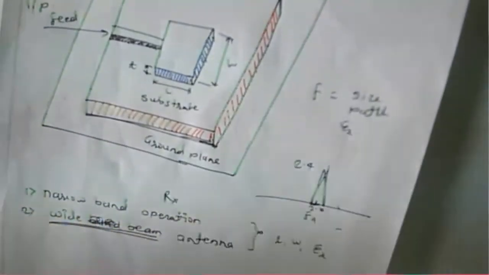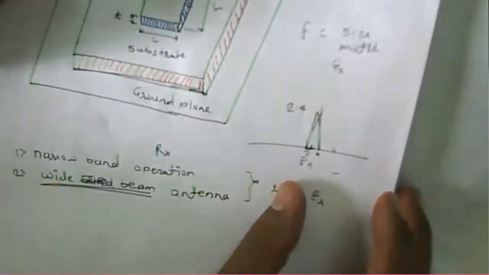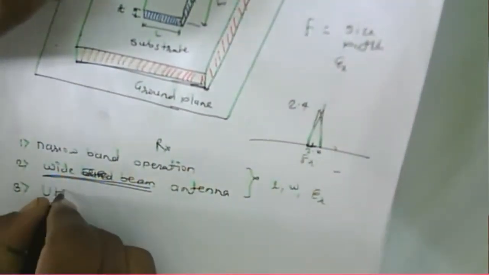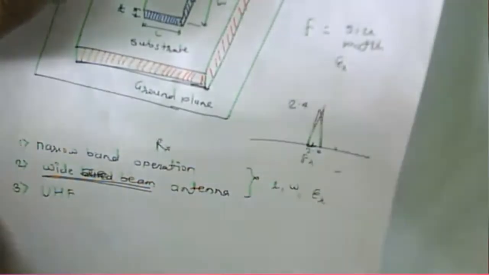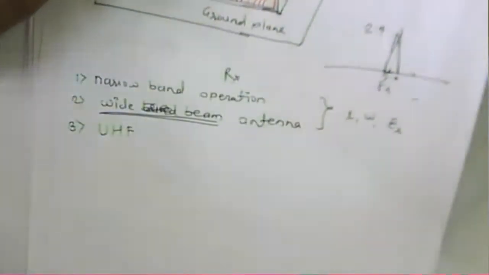Now, because this microstrip antenna works in the microwave range, we can say this type of antenna will be used at ultra high frequencies. Why is it used at higher or ultra high frequencies?